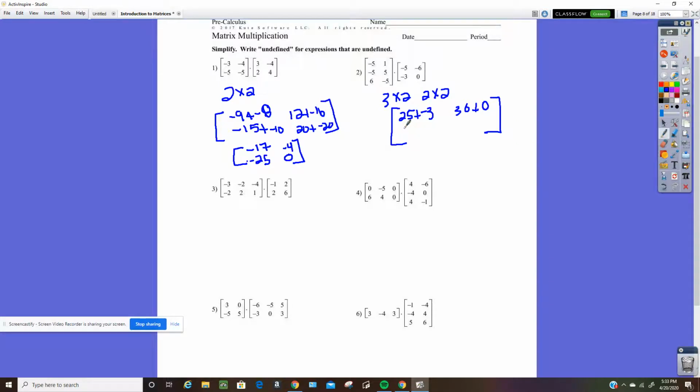The next row would be 25 plus negative 15. Let's make this more like a 30 here. Looks like a 36. And then 30 plus 0.